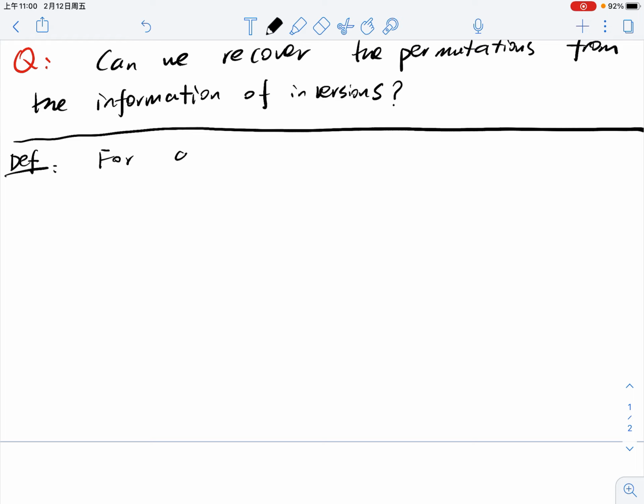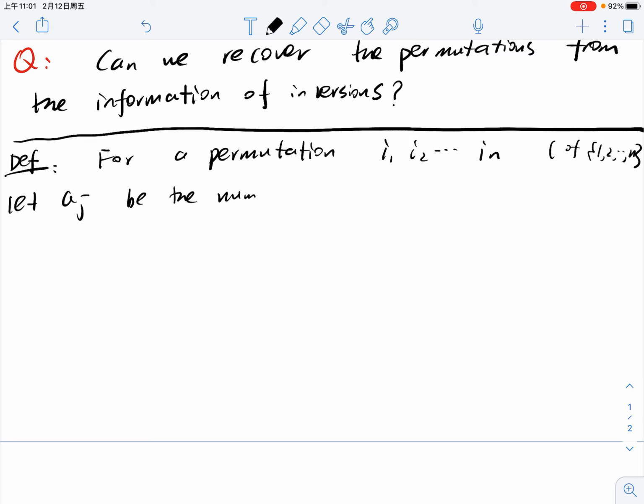For a permutation I1, I2, all the way to IN, so it's a permutation of n elements, let Aj be the number of inversions whose second component is J.